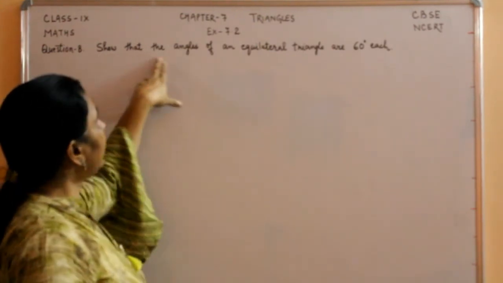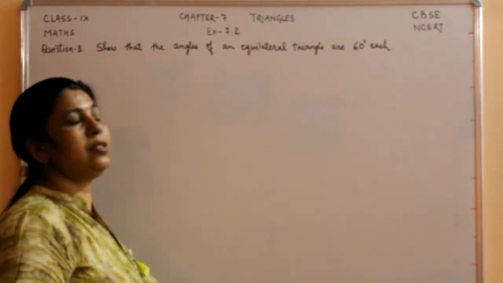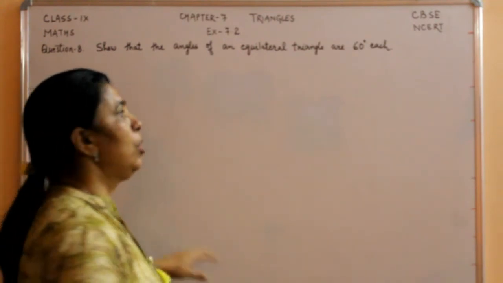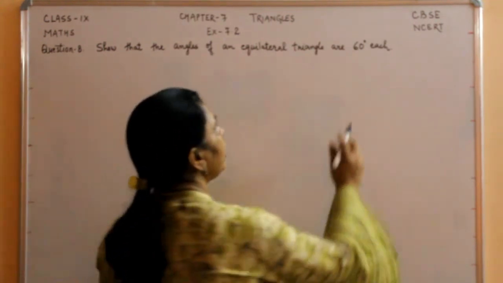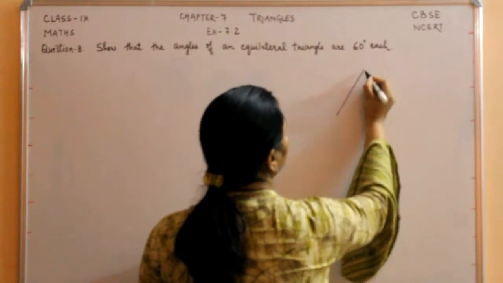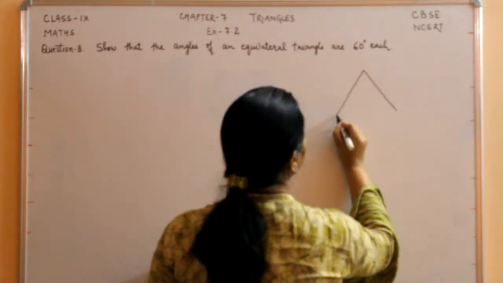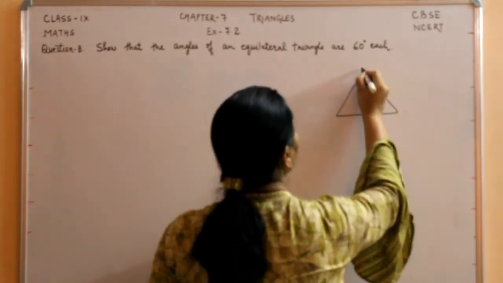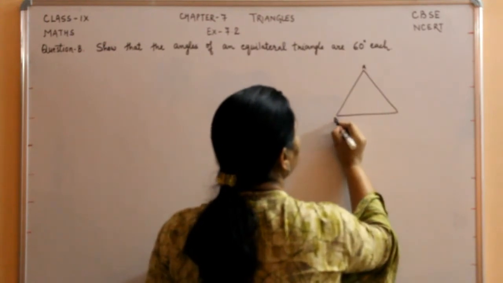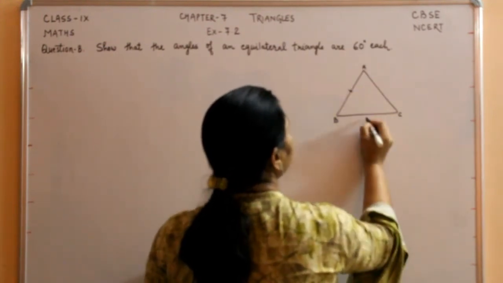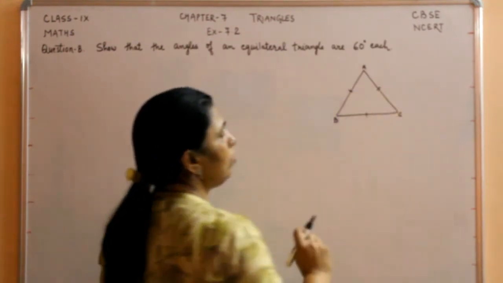Now coming to question number 8. We have to show that the angles of an equilateral triangle are 60 degree each. So first, students, we will make an equilateral triangle. Let this ABC be an equilateral triangle in which AB is equal to BC is equal to AC.